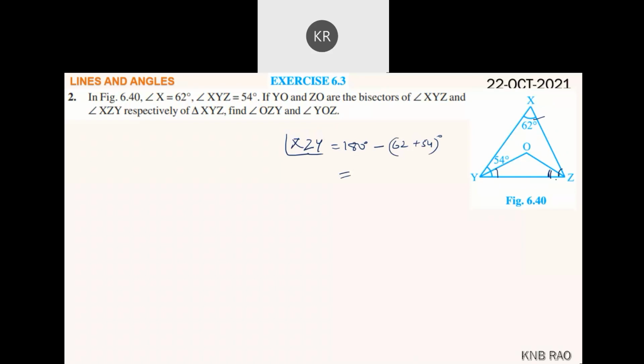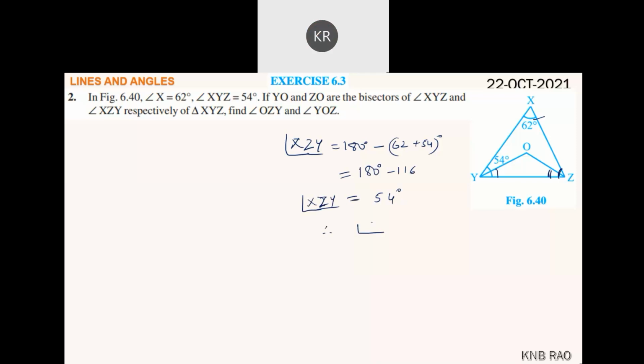The sum of 62 and 54 is 116 degrees. 180 minus 116, the difference is 64. So angle XZY is 54 degrees.